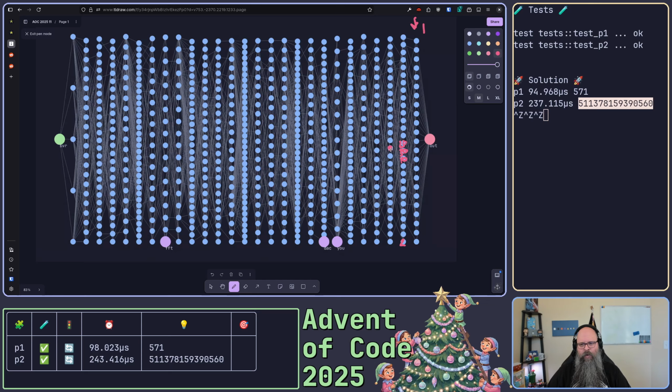I think that's the key to understanding part 2: because it's a DAG, we can infer this information from that. We can derive this information from it. We don't have to defer it. We can actually derive it, right? And it's only because the puzzle is saying you have to visit these 2 nodes.